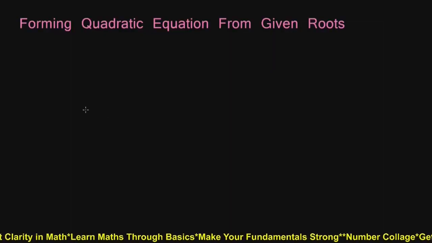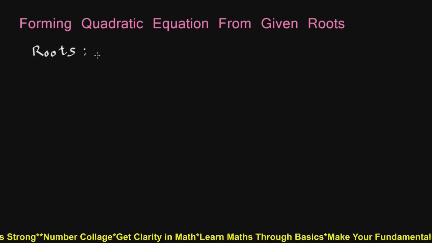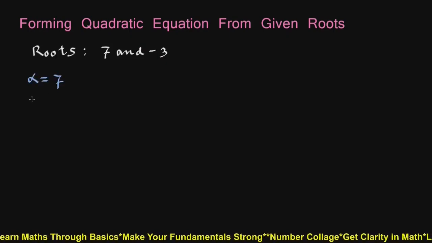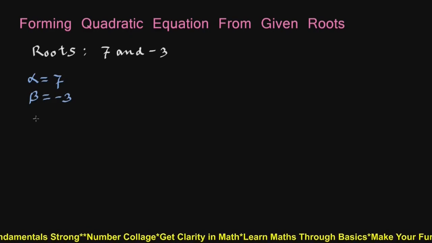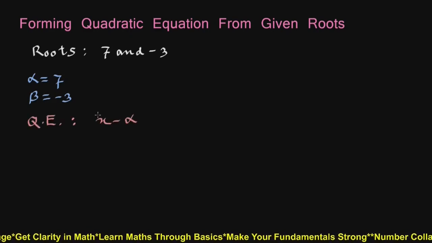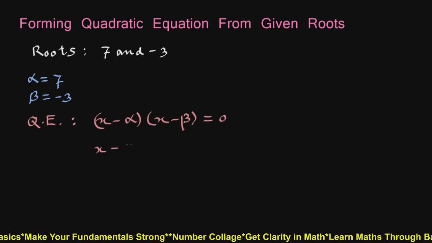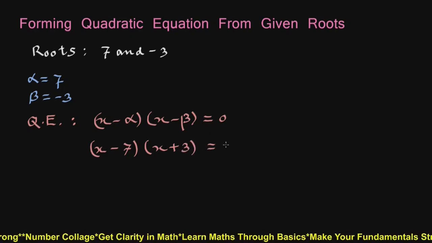How do we construct a quadratic equation if the given roots are 7 and −3? Here alpha is 7 and beta is −3. The required quadratic equation will be (x − alpha)(x − beta) = 0, (x − 7)(x + 3) = 0.